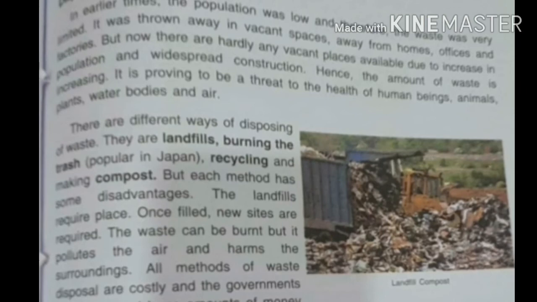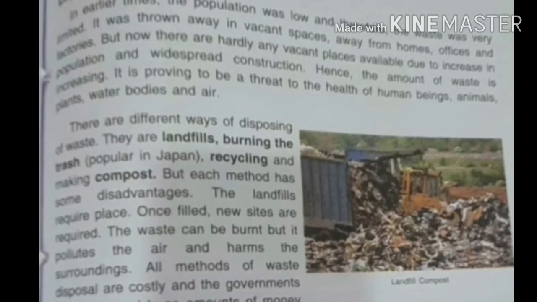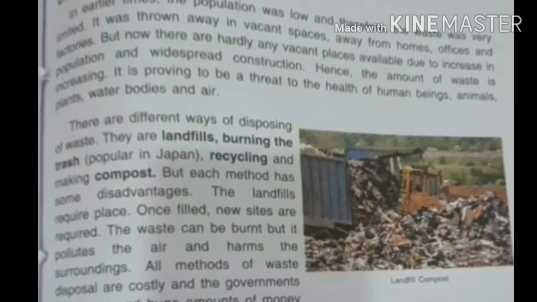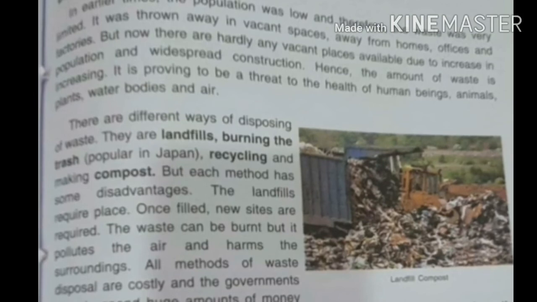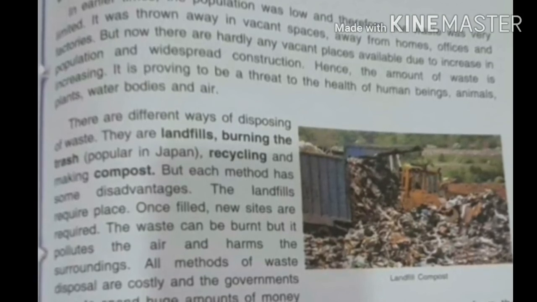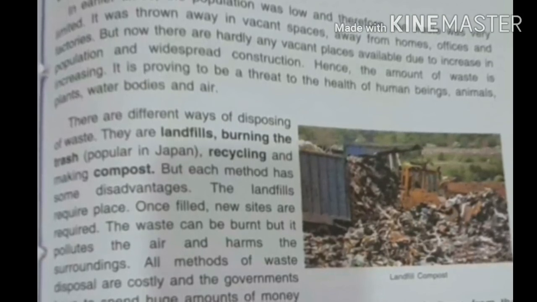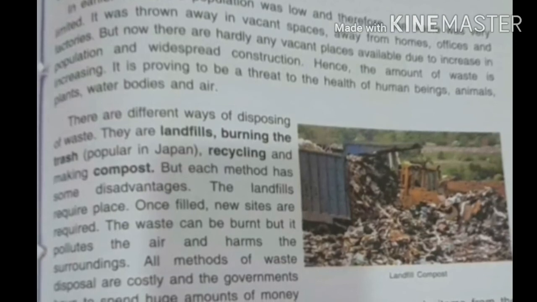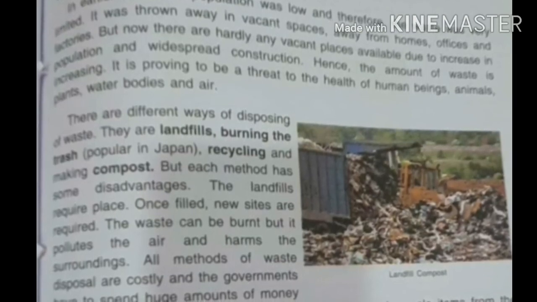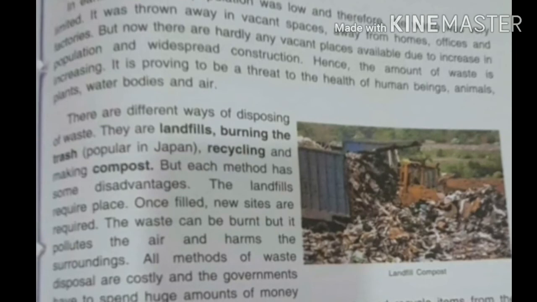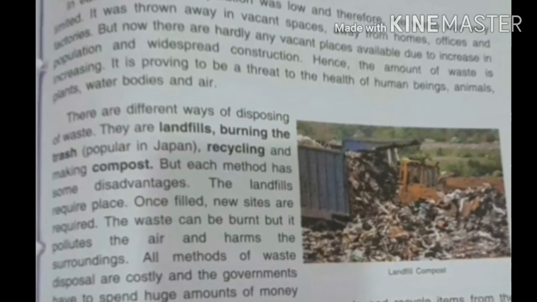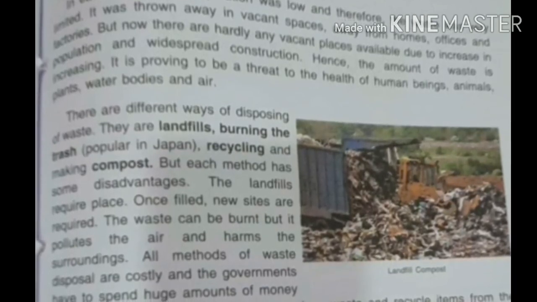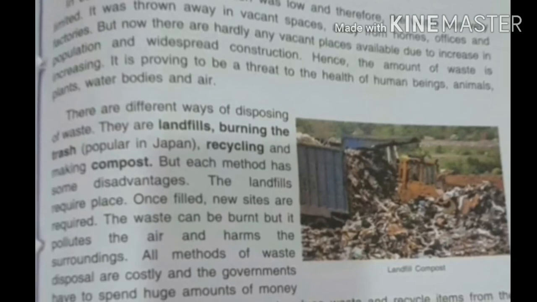In this way, a lot of garbage is consumed. In Japan, they burn the trash, but that causes a lot of pollution. In India, we use recycling, we make compost and we also use the landfill method.